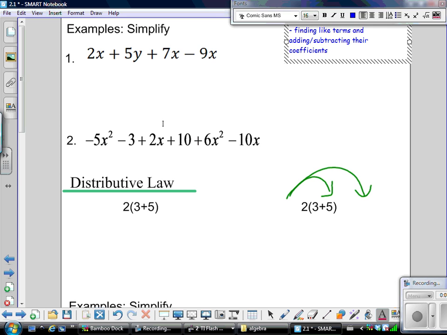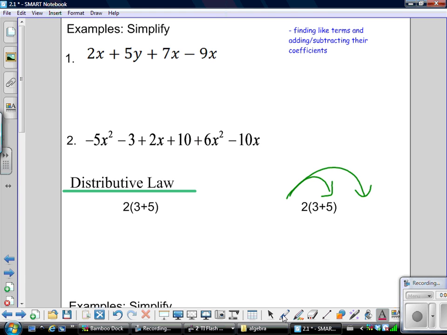So let's take a look first of all. Often what I do when I'm doing these is I underline things that go together. Here's a 2x. Is there another term that is like 2x? I'm after terms that have the variable x raised to the power of 1. Well, obviously this one's not.